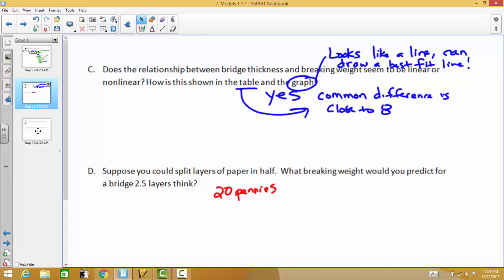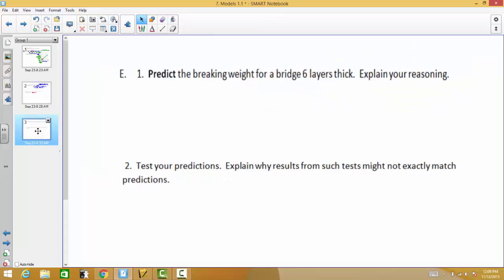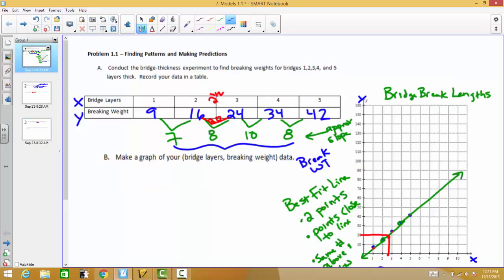And then you're going to be asked to predict for a thickness of 6. We are going to predict the breaking weight for 6 layers, going back to the table, and this is layer 6. So again, my average slope is 8, so if you add 8 to this, you would get 50. That's one way to predict it. Another way is to find 6, trace it up, and trace it over.